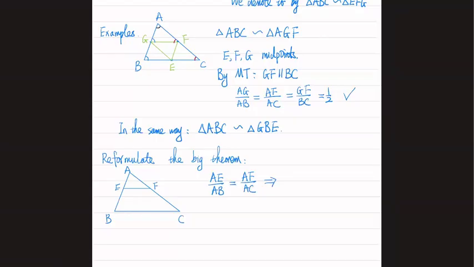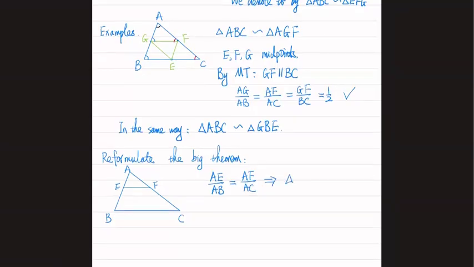This implies triangles AEF... So you can see our theorem gives us plenty of examples of similar triangles. You give a triangle, you draw a parallel line to one side, then these two triangles are similar.